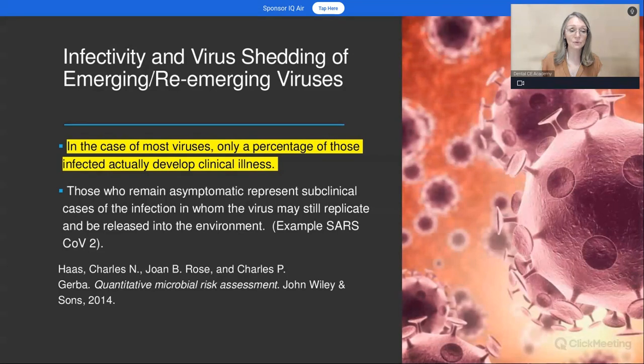But we also have to worry about our patients who are at higher risk. Older adults, higher risk for hospitalization and death.